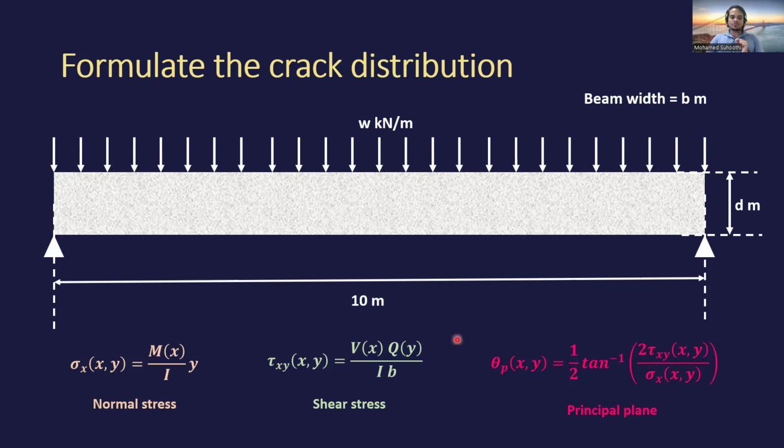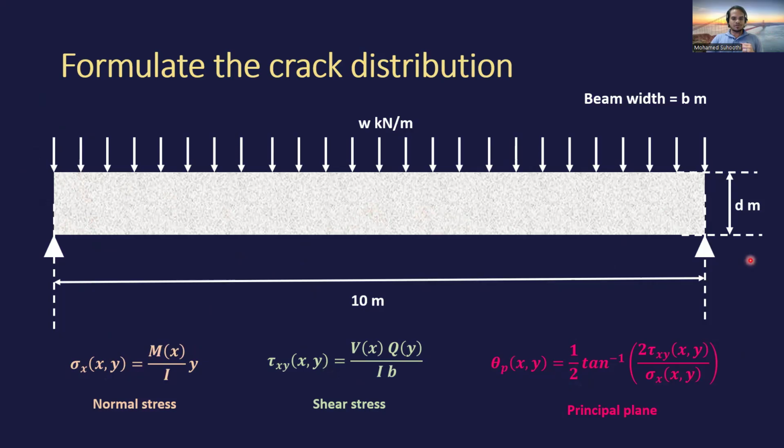So a very important point is my normal stress, shear stress and principal planes are all functions of x and y. Why x and y? Because my bending moment varies at each point. Shear stress is also different. You remember the shear stress at the support is the maximum, and close to the center it is zero.